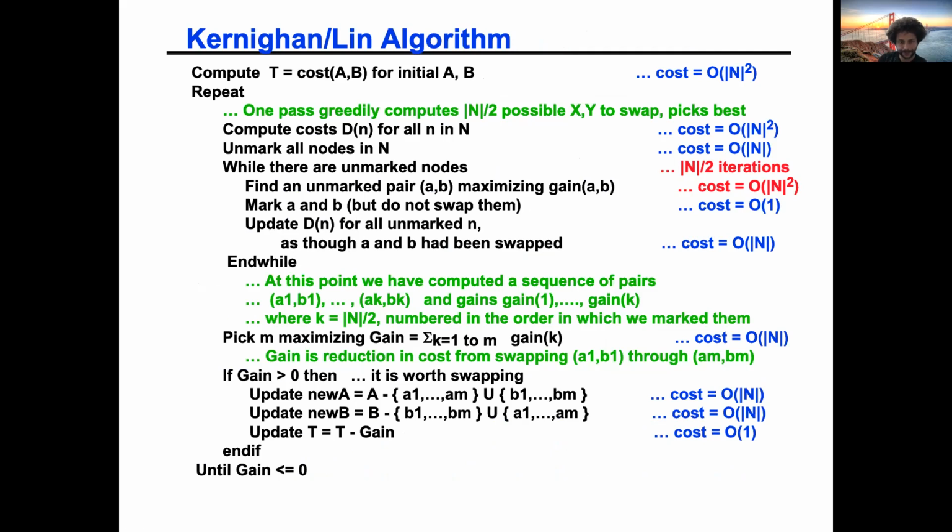What we do is we consider pairs of vertices to be swapped and then figure out at what point we got the best gain in terms of minimizing the communication cost. And then we roll those back up. We find those pairs of things that are worth swapping, and then we make those swaps permanent.